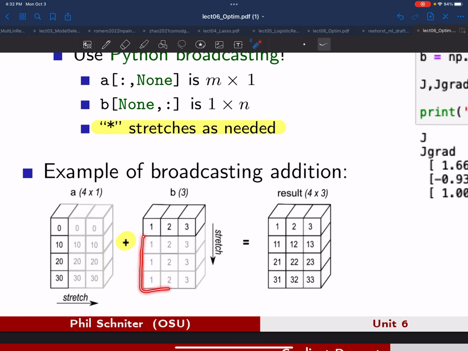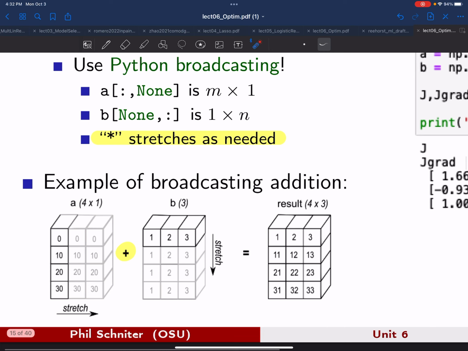This is for what happens with the plus, and adding those extra rows. And then when you add them, you can see you get these zeros plus 1, 2, 3 gives you 1, 2, 3. Right here, 10s plus 1, 2, 3 gives you 11, 12, 13, and so on. Okay, so this is an example of how broadcasting works with the plus sign.